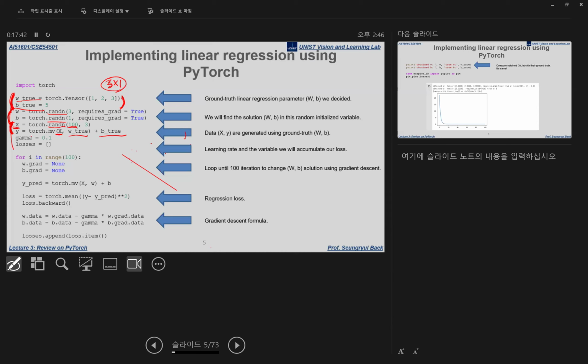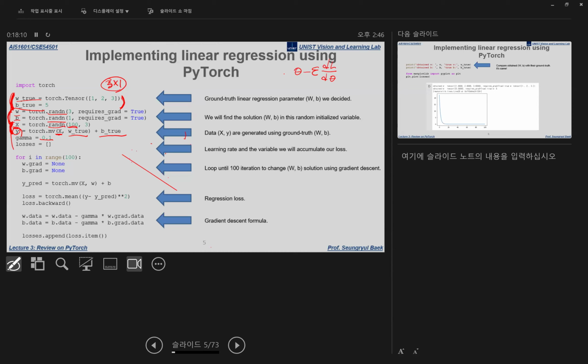Then this Y becomes the ground truth value. We can think of these X and Y 100 samples as the training data to fit this W and B. And gamma is some scalar value, which will be used here.